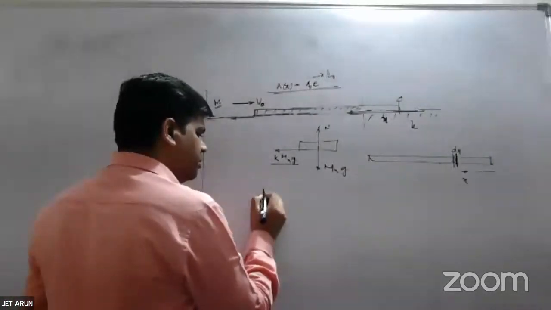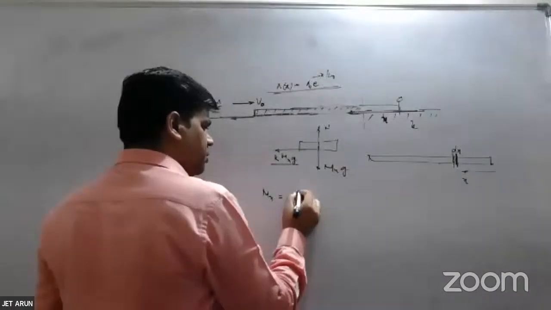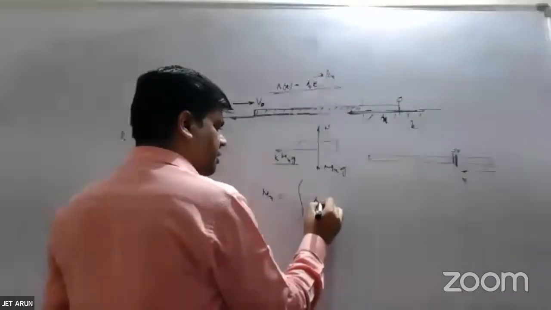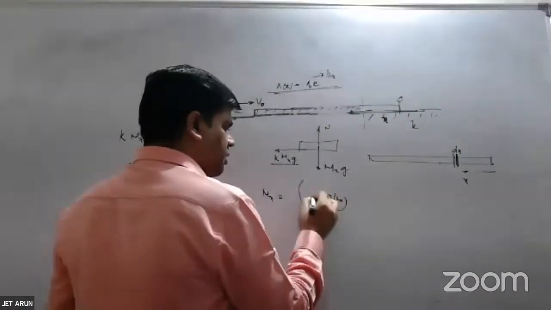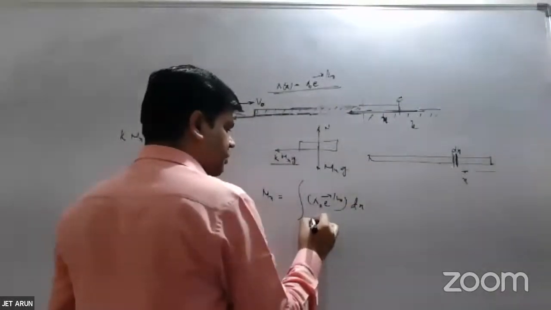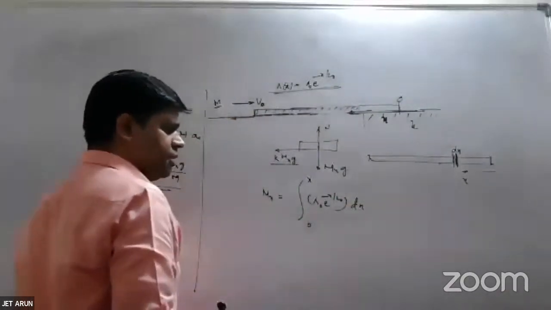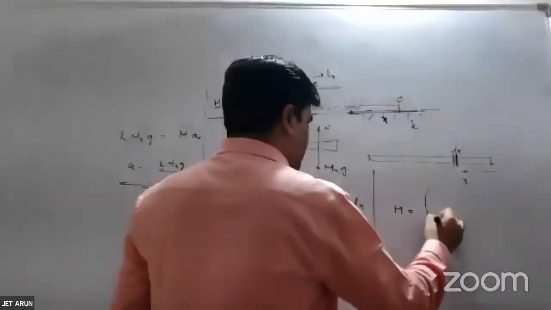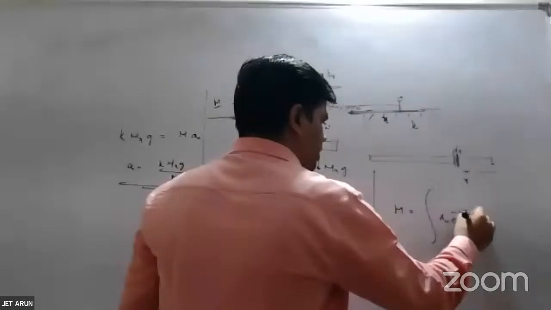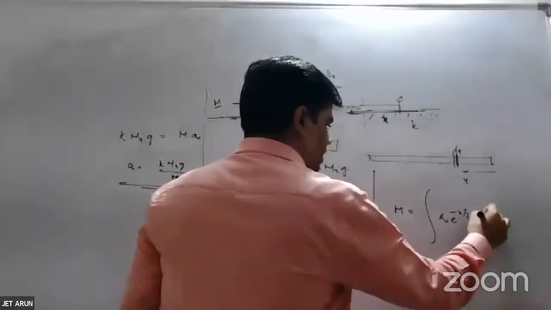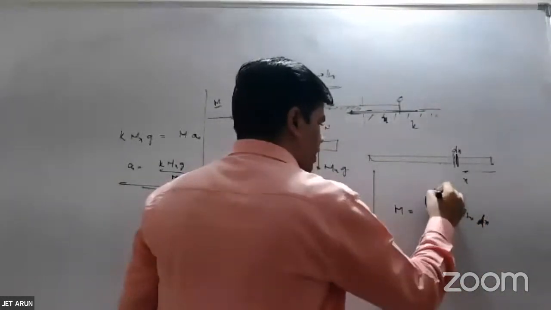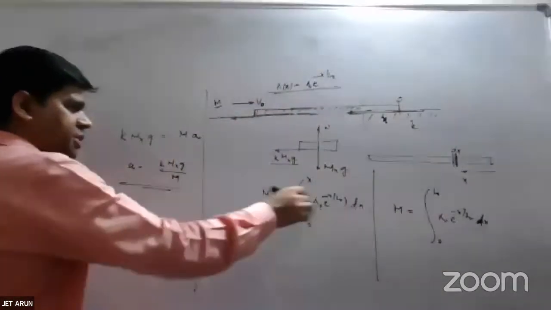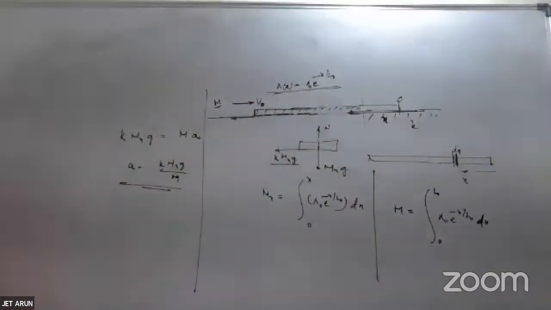సో mx is equal to integrate lambda naught e power minus x by l dx from 0 to x is my mx. m ఎంత ఉంటుంది? టోటల్ మాస్ ఇంటిగ్రల్ lambda naught e power minus x by l dx from 0 to l. I plug these two over here. So lambda naught gets cancelled out.